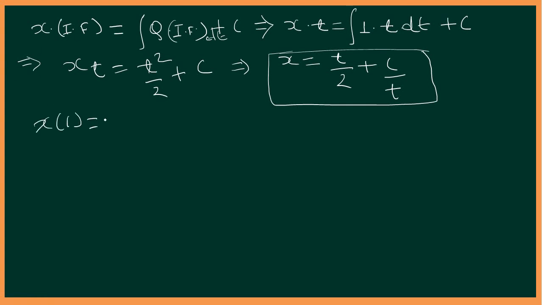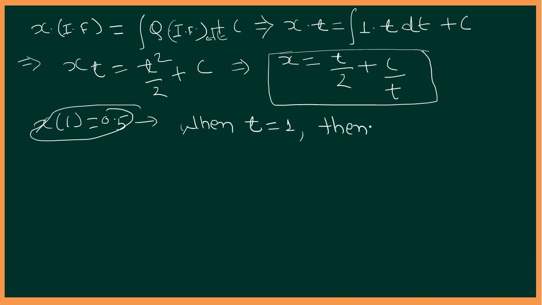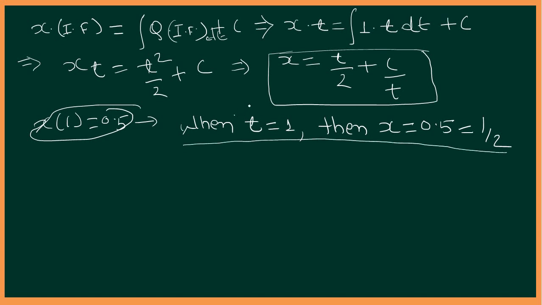It means that when t is equal to 1, then x is equal to 0.5, or you can say half. So apply this condition in this equation to find the value of c. Put x is equal to 1 by 2 and t is equal to 1.